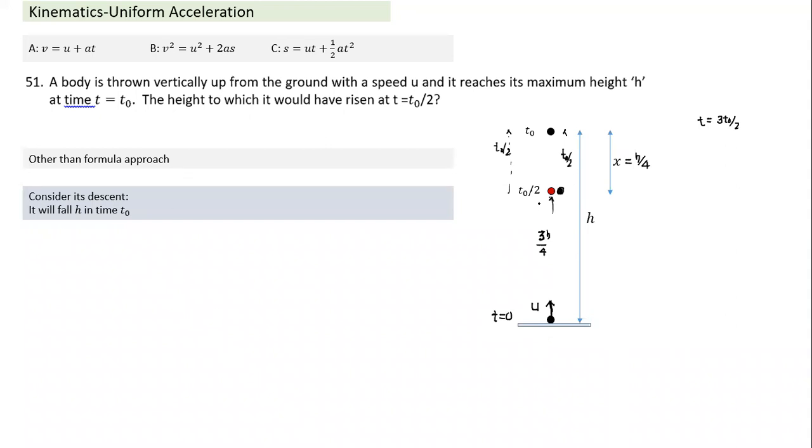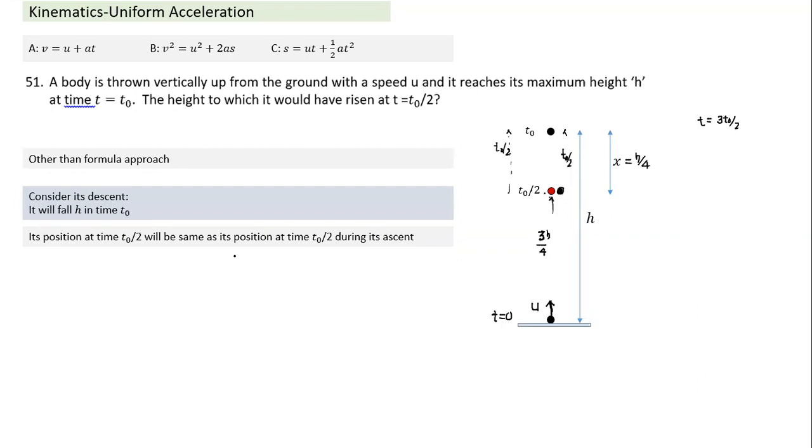So rather than calculating the rise, we can calculate the fall. We can make it easier. Fall is directly proportional to the square of time. So I have just converted time of rise into time of fall. If it falls for the same time it had risen, it will come back to the same point.